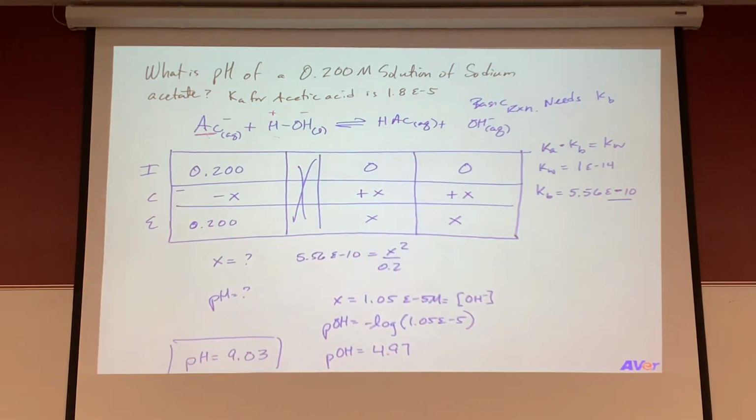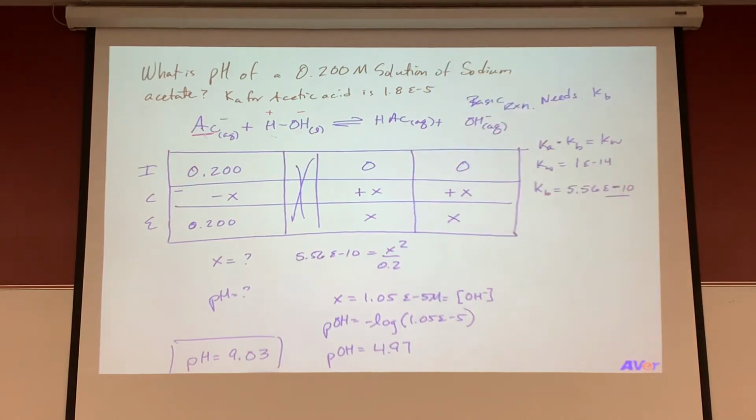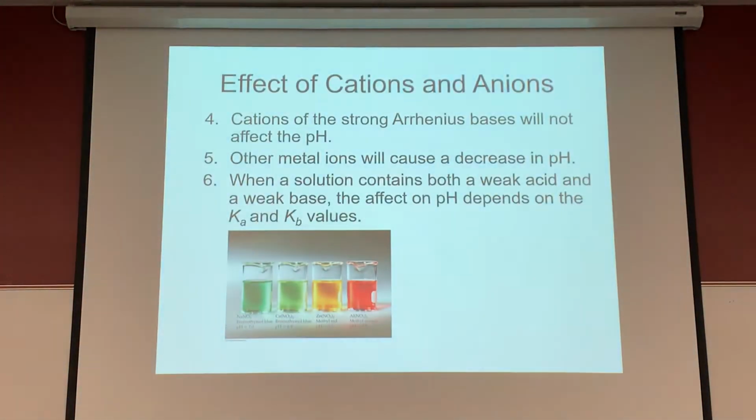But in answer to the question, which is it, a stronger acid or a stronger base, the salt or the acid, you've got to pay attention to these two numbers. And that's what 6 is telling you. If we're talking about acetate, is it stronger as a base or stronger as an acid? Or, in this case, if you have a solution that has both in it, like I take acetic acid and sodium acetate, the pH of that will depend on the Ka and Kb values.